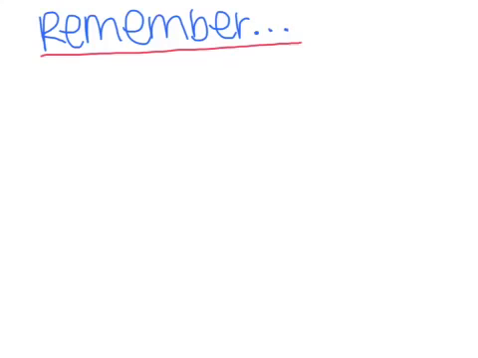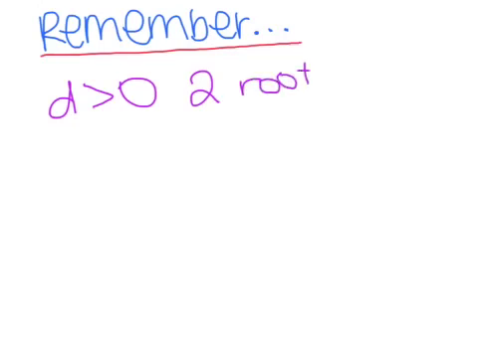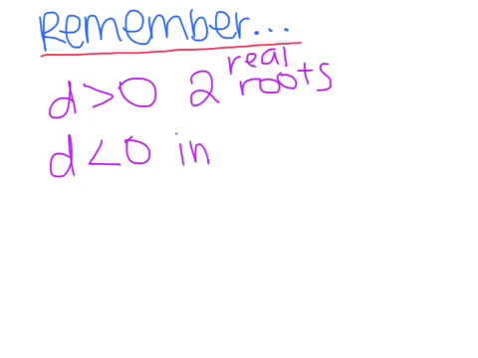So things to remember: when the discriminant is greater than 0, that means you're going to have two real roots. If the discriminant is less than 0, that means you're going to have imaginary roots.